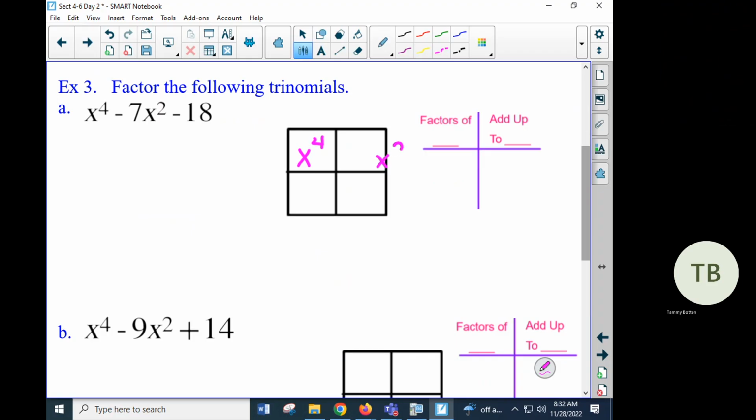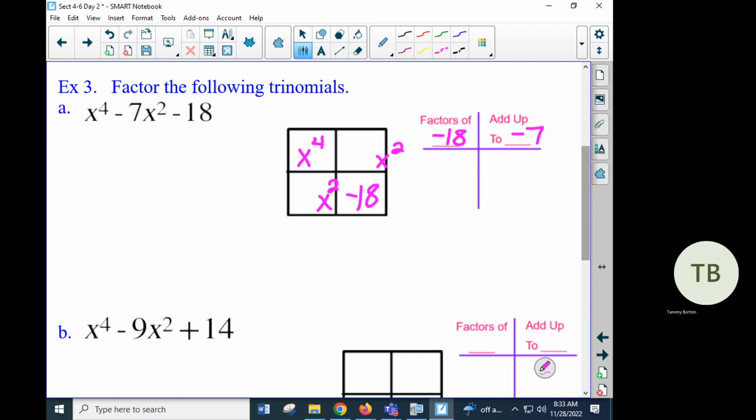Here, you're gonna do an x squared with each of them. When you have like x to the sixth, let's say, then you'd have three x's and three x's. Okay, so we're gonna have x squared with each of these. The negative 18 goes here, the negative 18 goes here, and then what's in front of the x squared, which in this case is a negative 7, goes there.